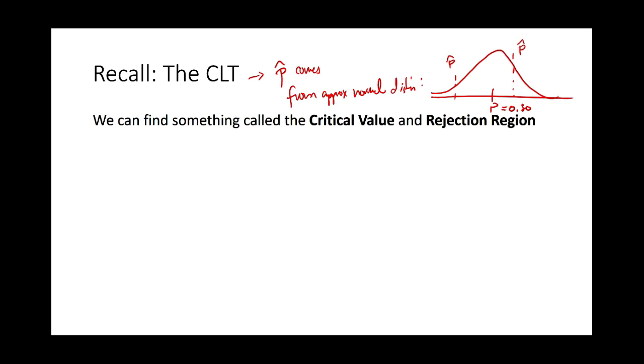So you could go out and get a sample proportion, and I'll go out and get a sample proportion, and we'll both get different answers, and they'll come from that normal distribution. Yeah? Okay. So since we know that if they were telling the truth, we'd be drawing from a normal distribution, we can use the normal distribution to help us decide when to reject and not reject.